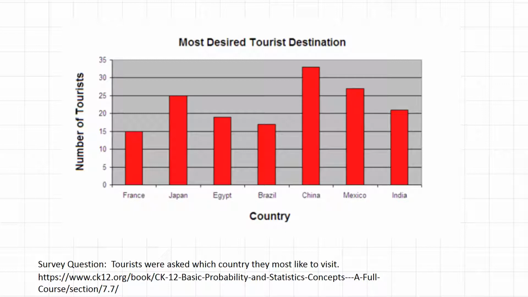So here's another example of a bar graph. Tourists were asked which country they would most like to visit, and then the results were recorded. Because here we're talking about the number of tourists instead of a percentage or a fraction, this is recorded as an absolute frequency.